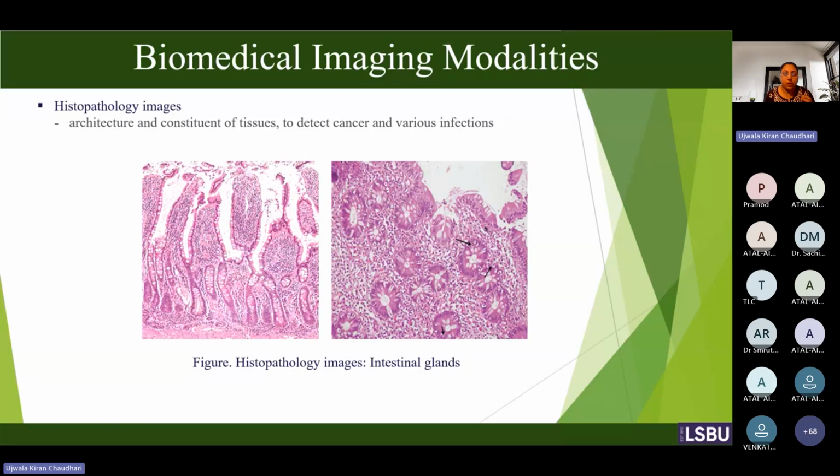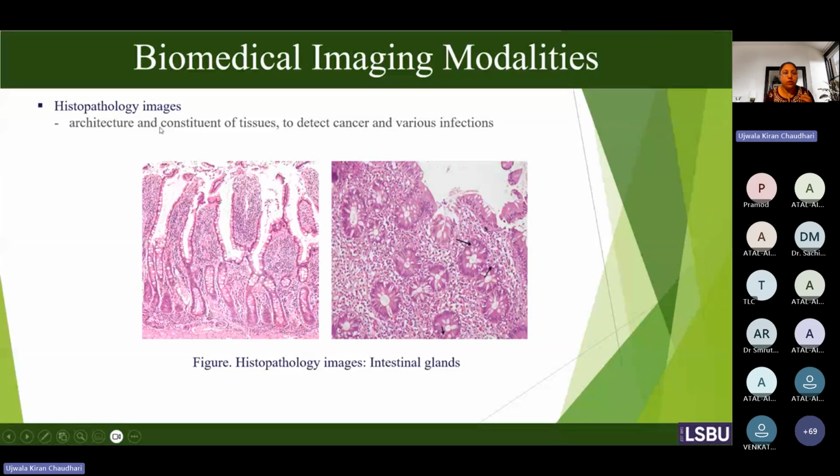The reliance is always on the results provided by the histopathology reports. So we usually consider the histopathology report as a ground truth for this imaging analysis, because it is something being analyzed in the laboratory.